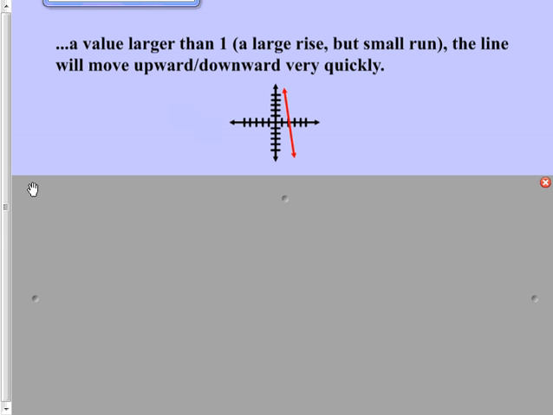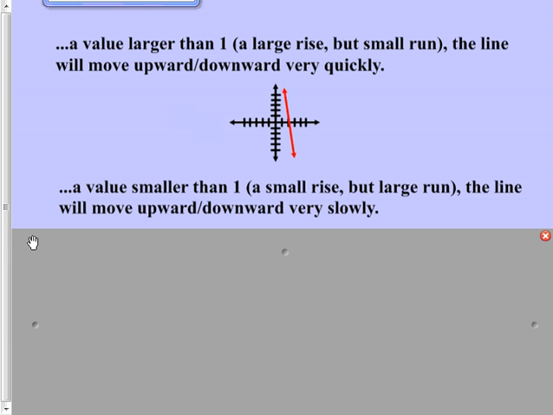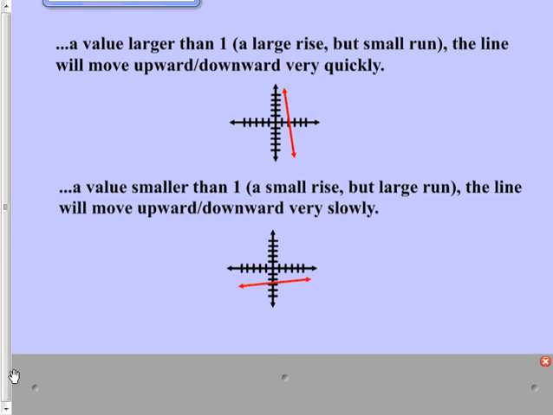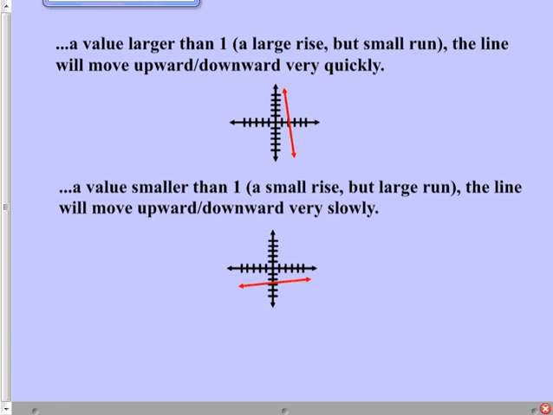The more the number gets bigger than 1, the more hurry the graph is in. And similarly, we could have a value that is smaller than 1. That will mean that your rise is not quite as big as your run. It will be running faster than it rises. That's going to cause the graph to move upward or downward more slowly. Same as we've been talking about with our parent functions. No difference here.